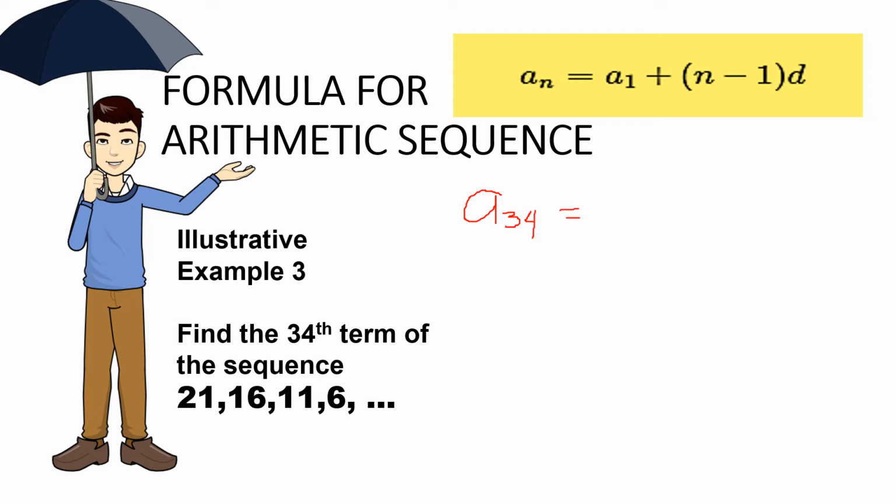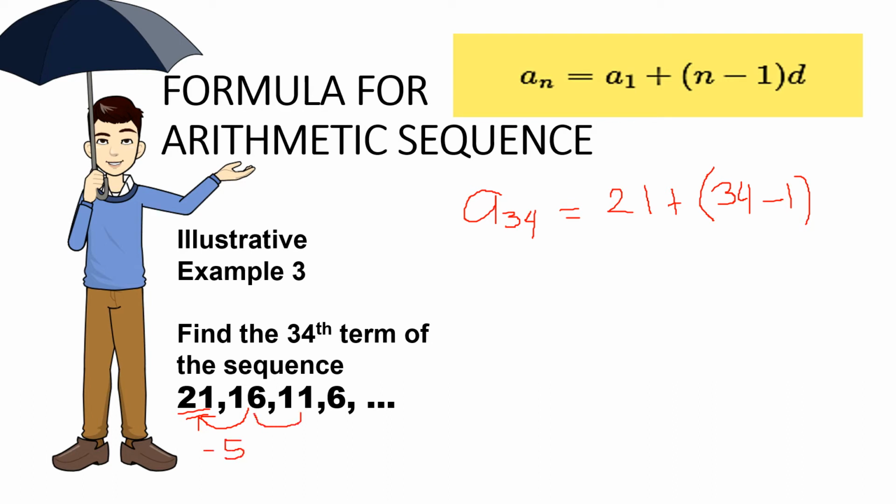A34 equals A sub 1 is 21 plus 34 minus 1 times the difference. We have 16 minus 21, that is negative 5.